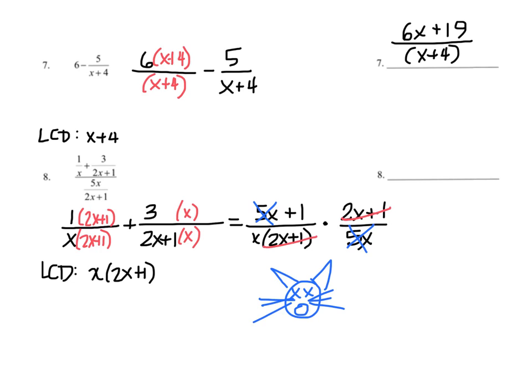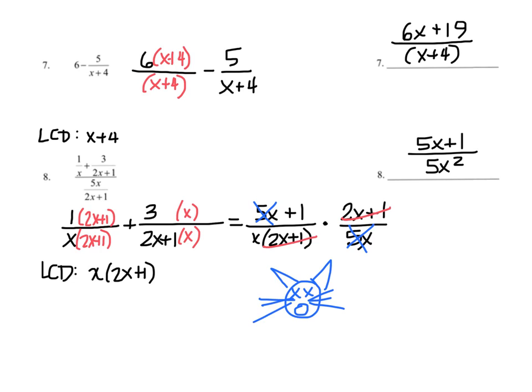You canceled a term with a term. This is a term right here. 5x plus 1, term, term. Down here, 5 and x are both factors, but I can't cancel a factor and a term. So what I should have been left with in the numerator was the whole 5x plus 1. In the denominator, I have this x and this 5x, so in the denominator I should have had 5x squared.